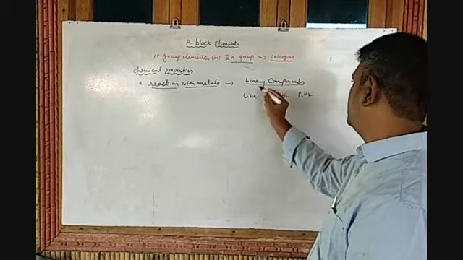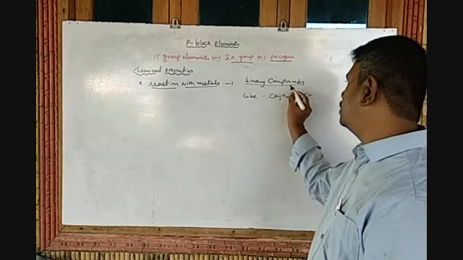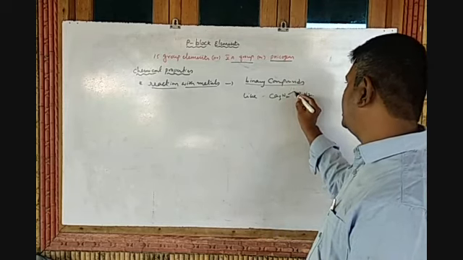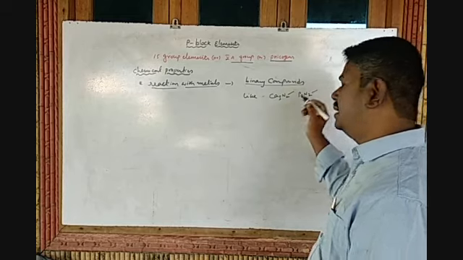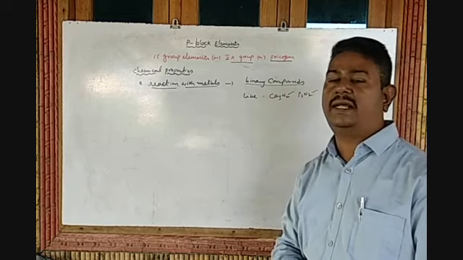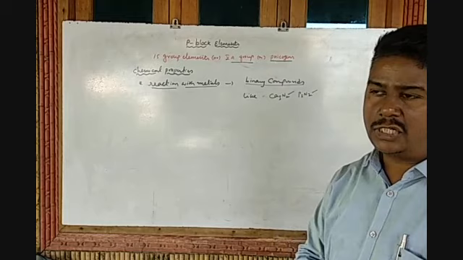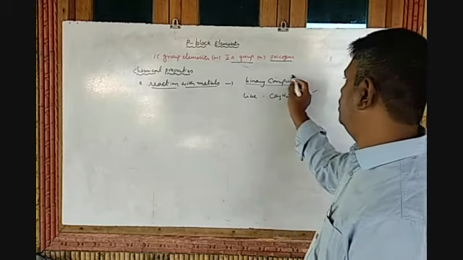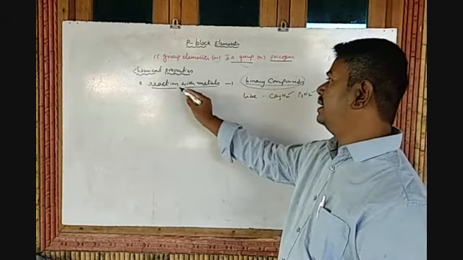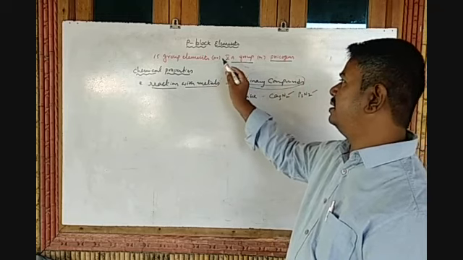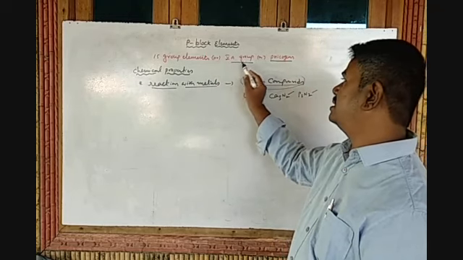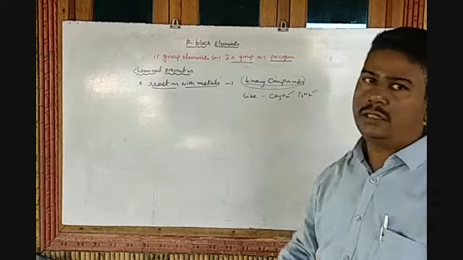Binary compounds like calcium nitride, phosphorus nitride, arsenic nitride, bismuth nitride, like this. Such compounds are called binary compounds. So that's the reaction with the metals, that means when these fifth group elements combine with metals to form binary compounds.